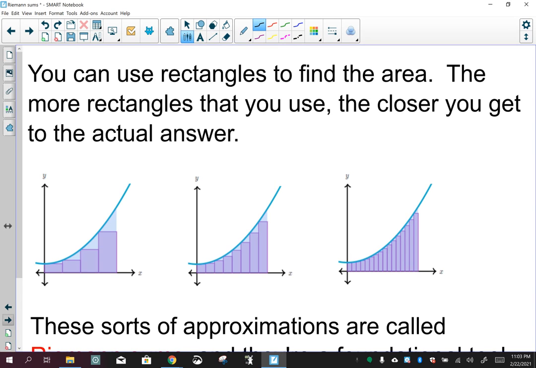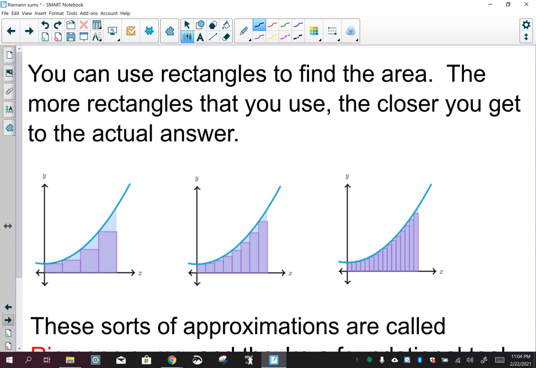However, you're going to be given an interval like 0 to 3 and they're going to ask you to estimate the area under this curve using three uniform rectangles. As we go through this, you're going to see what I'm talking about when we talk about uniform versus non-uniform. And then we're going to talk about estimating and non-estimating and everything.